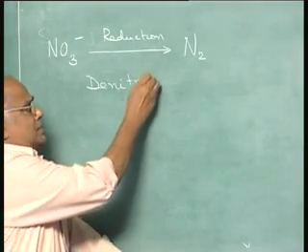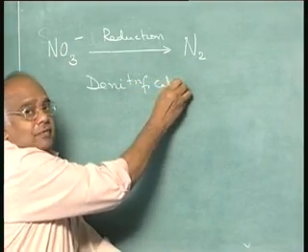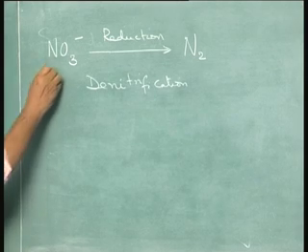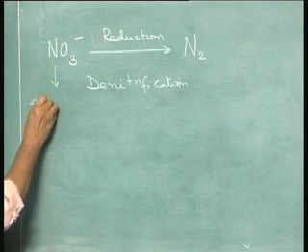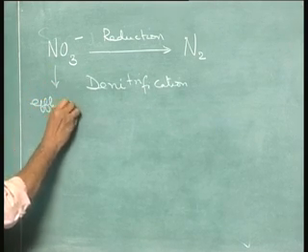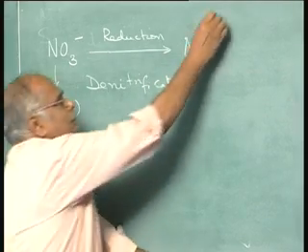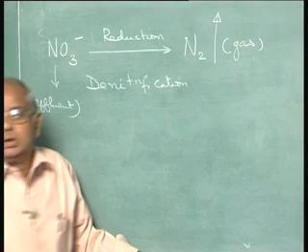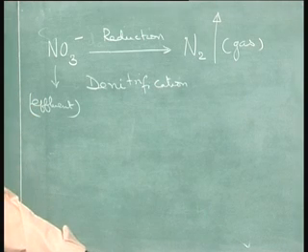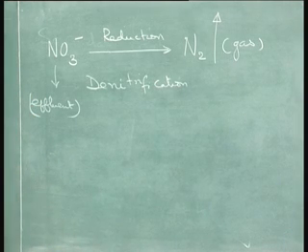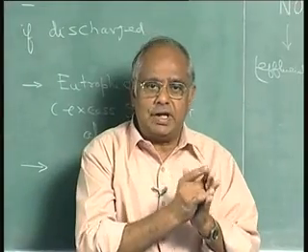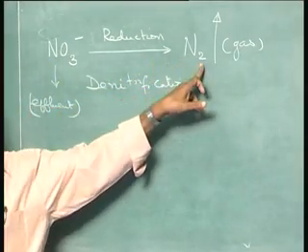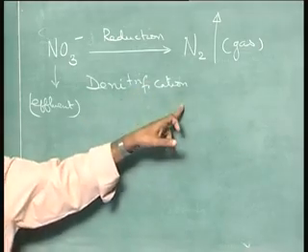Denitrification is a process by which the nitrate in the effluent is converted into nitrogen gas, which goes to the atmosphere. So, what I have done is that ammonia present in the wastewater is converted to nitrate, and that nitrate is reduced to nitrogen gas by the denitrification process.